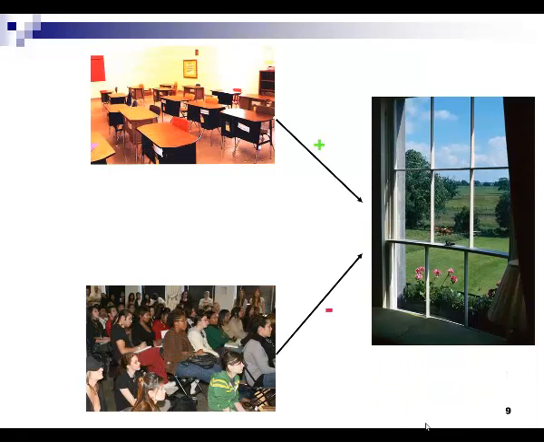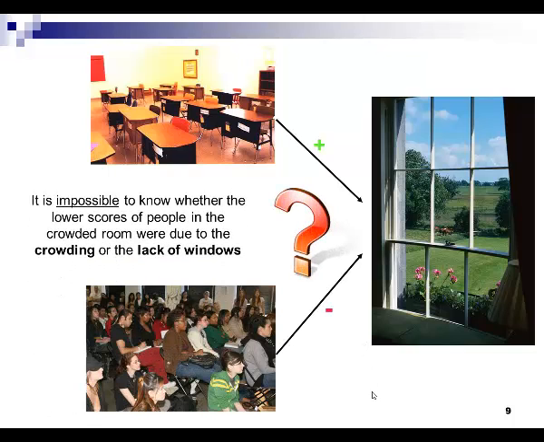So let's say that in one of the rooms, the room with less crowding, there is a window or windows. And let's say that in the room that has lots of crowding, there isn't a window. So in this scenario, it's impossible to know whether the lower scores of the people in the crowded room were actually due to crowding or the lack of windows.